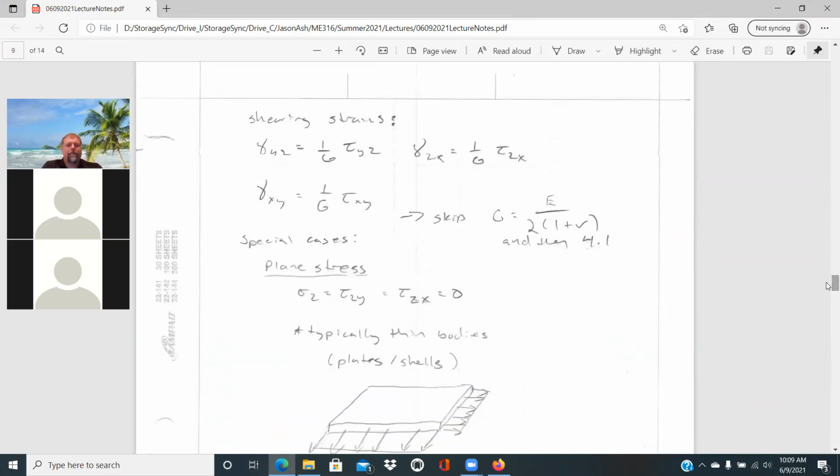And you have similar relationships for shearing strains, where your gamma YZ is just 1 over your shear modulus G times tau YZ, but it doesn't get complicated like the normal strains as we saw above.